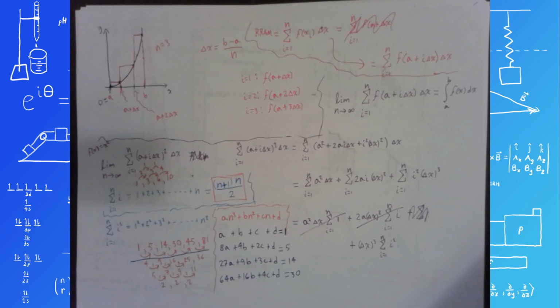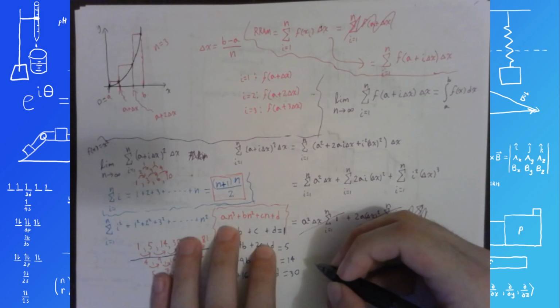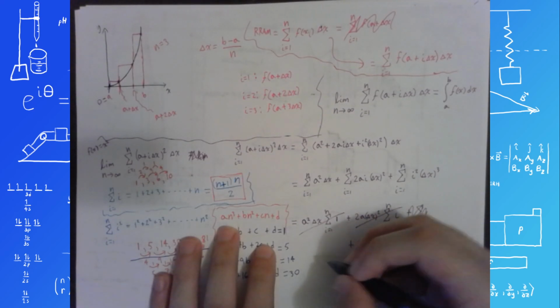So let's go ahead and rewrite this formula. We've got a was 1/3. I'm looking at my other paper.